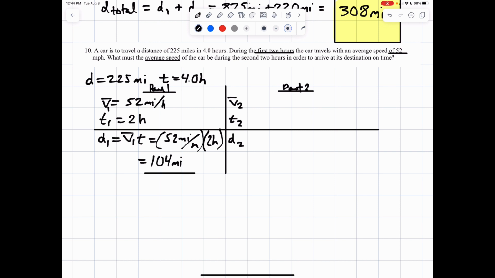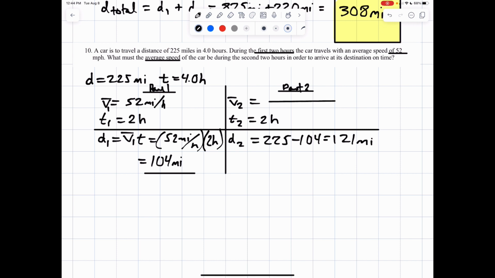Now, if 104 miles has been traveled in the first 2 hours, take 104 from 225. So distance 2 is going to be 225 minus the 104. It's what's left over, and you get 121 miles. Now, we know that this is going to be the other 2 hours. So to figure this out, we're going to go distance over time.